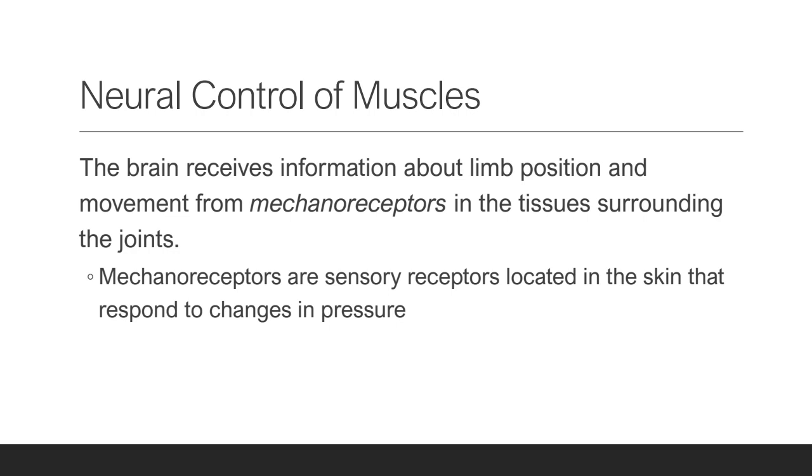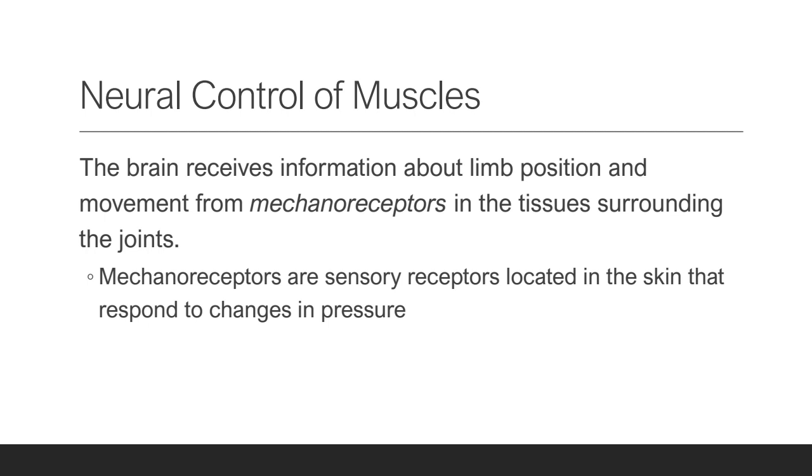The brain receives information about limb position and movement from those mechanoreceptors that we talked about in the last Neuropod lesson, number 3 of 3 for chapter 8. These are embedded in the tissue surrounding the joints, in our case right now when we're talking about motor control.